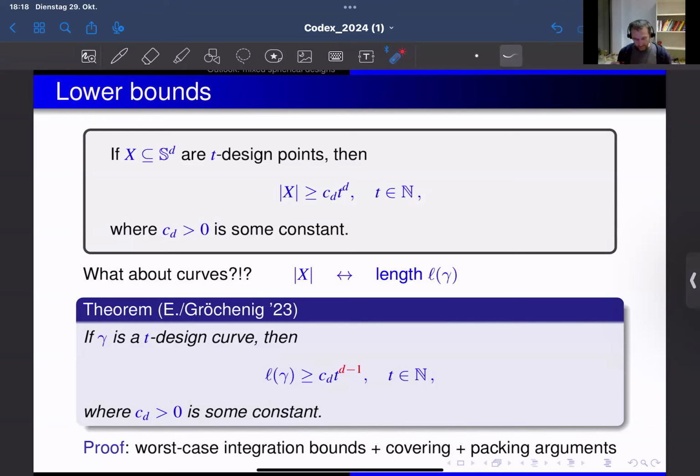For the curve, it's, I would say, a slightly more involved argument. But still, there are other proofs out there that we could follow quite a bit. And eventually we used some covering and some packing arguments. And then this is the lower bound. I just would like to mention it's actually a different proof for curves than for points. So it's not exactly the same. Yeah, it's not quite as similar as one would expect, I would say.